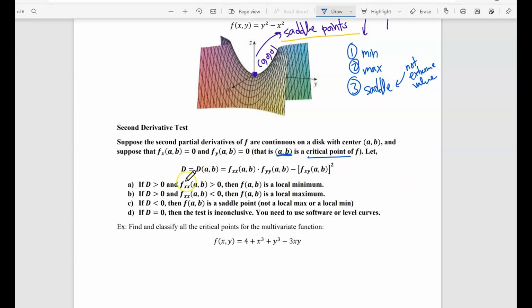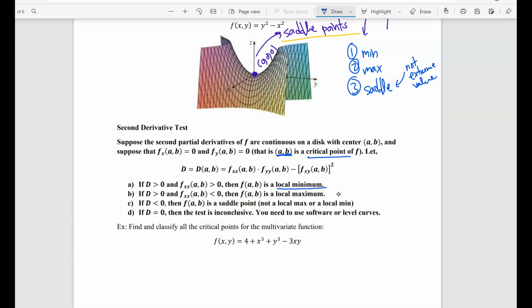And now we're going to define another formula: the second derivative with respect to x multiplied by the second derivative with respect to y, minus the mixed partial squared. We call this the value of D. If D is positive at this particular point, and the second derivative with respect to x is also positive, then the function evaluated at that point is a local minimum.